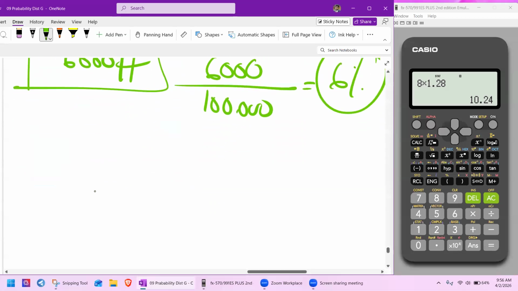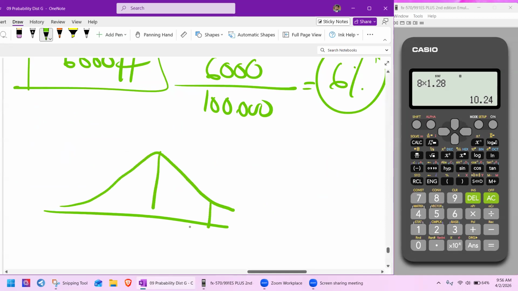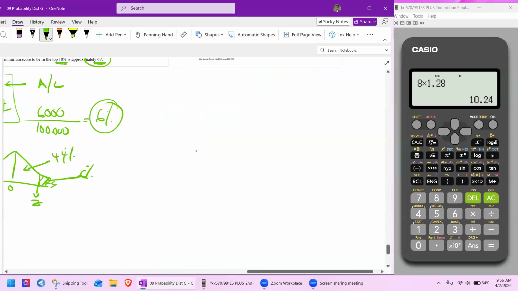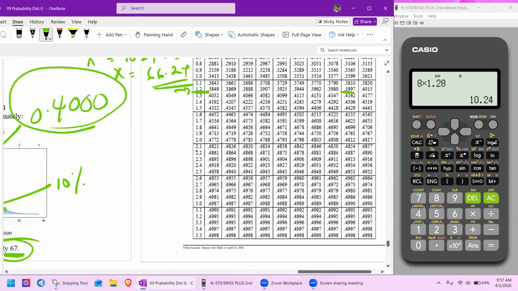So they will decide like this. Z is equal to 0, and here only 6%, top 6%. Then they will decide what the set point is. How do they decide the set point? Based on this 6%. 6% means here, what is it here? 44%, which is 0.44.